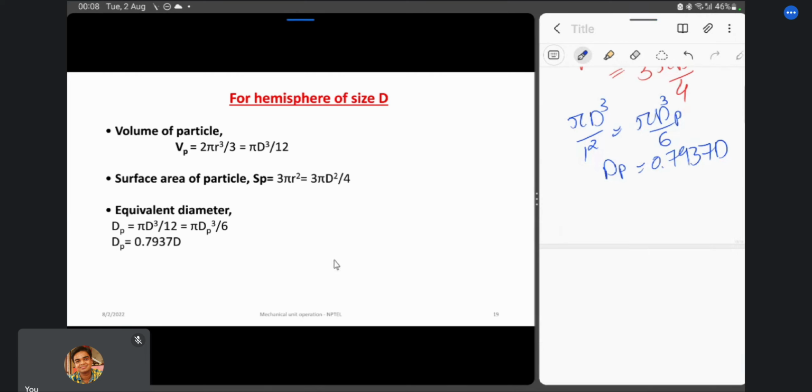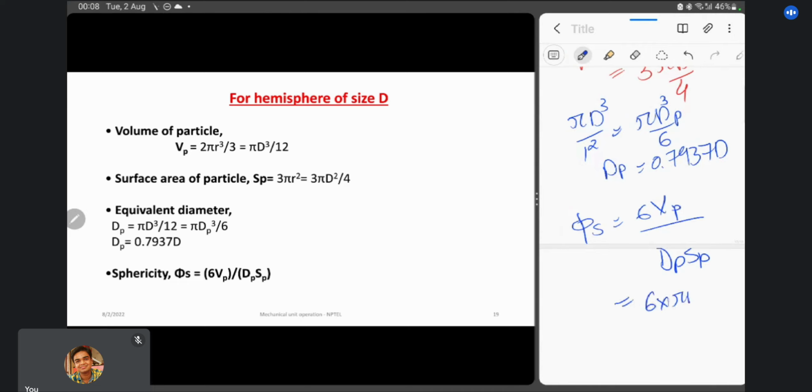So you can easily calculate the value of sphericity. Now you all know that sphericity doesn't have any unit, because everything above and below is the same. So at the end you will get only a value. So 6 Vp is 6 into pi d cube by 12, Vp 0.7937.